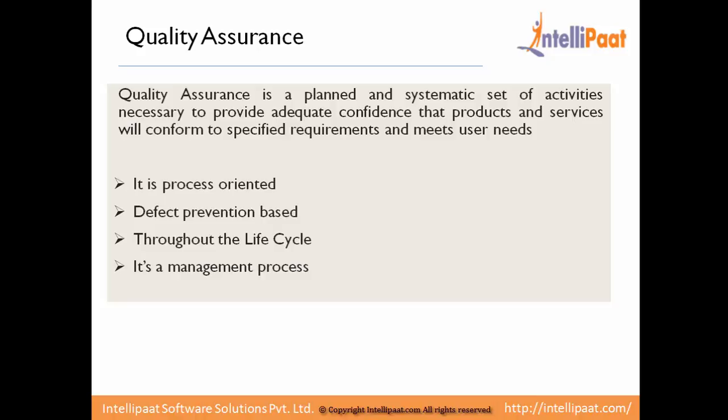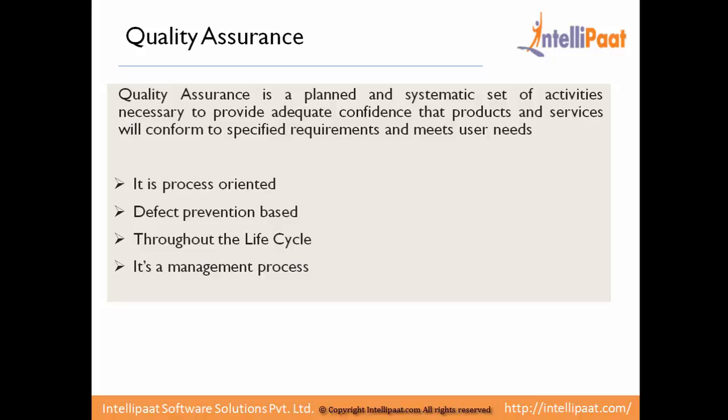So over here, quality assurance is process oriented, quality assurance is defect prevention based, quality assurance appears throughout the life cycle of the software, and quality assurance is a management process.